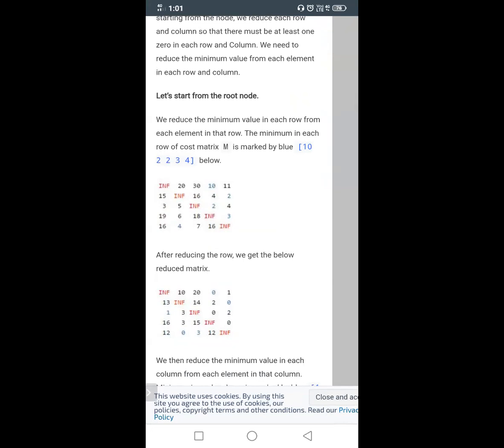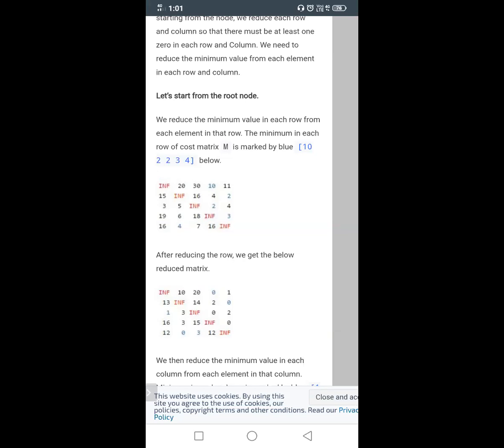Then after we find the minimum value, we subtract the minimum value of each row from each element in that row. The minimum in each row of matrix M is marked in blue. Okay, this is in blue color.